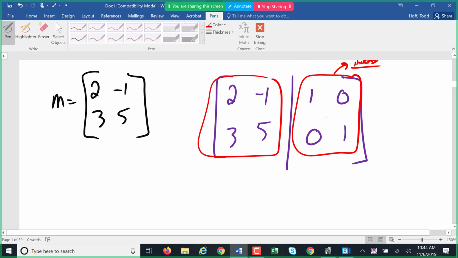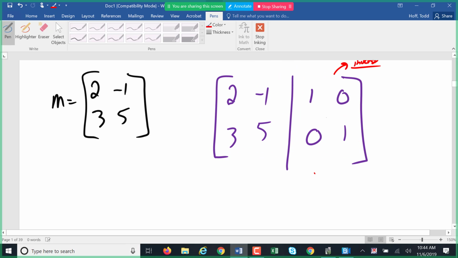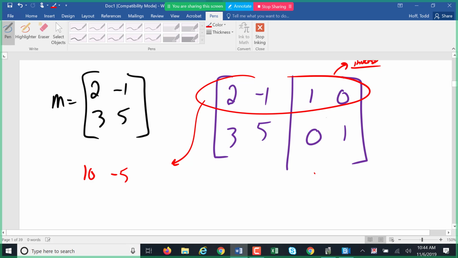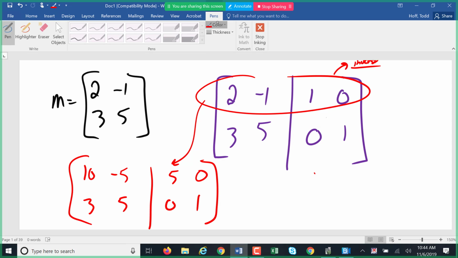So looking at this, I'm going to start out by taking my first row times 5. I've got 10, negative 5, 5, 0. I am going to combine that with the second row.